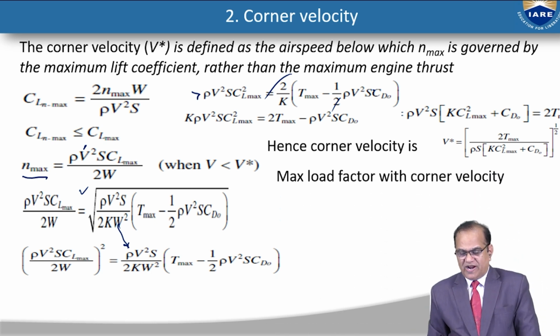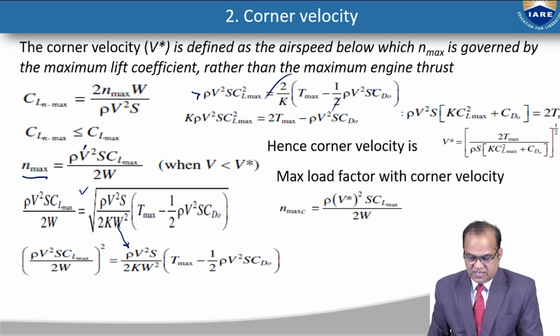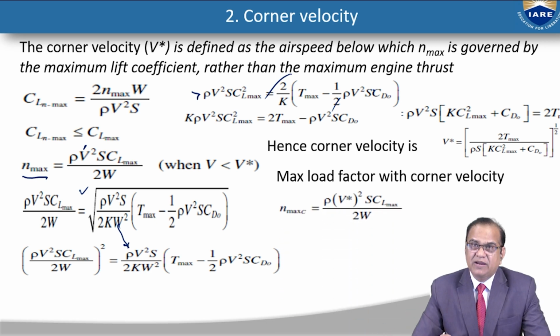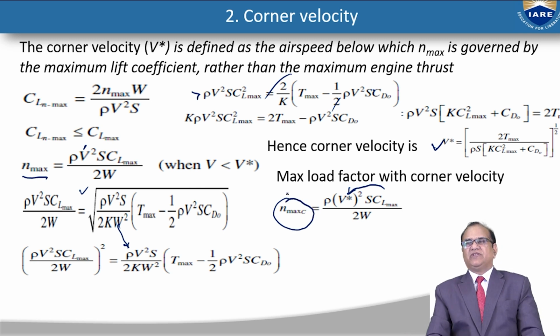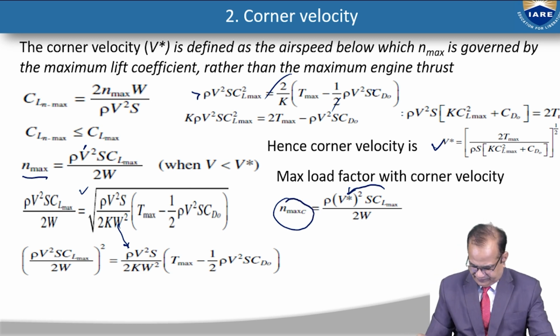Now the maximum load factor with corner velocity: N maximum with the corner velocity is equal to rho V star whole square S CL maximum by 2W. We have to put this V star here to find the CL maximum with the corner velocity.